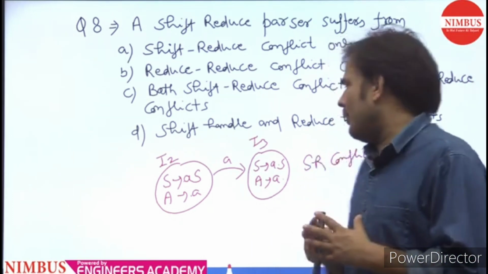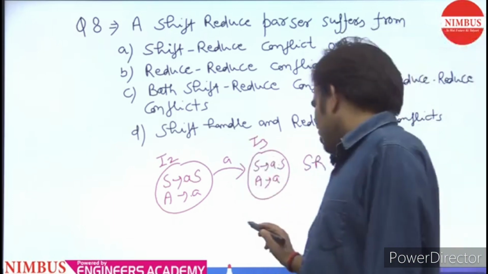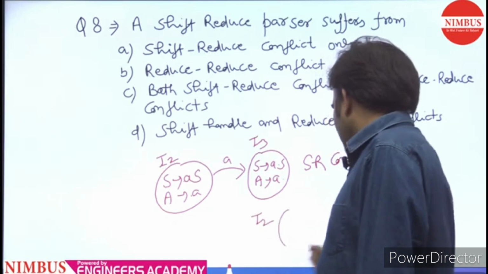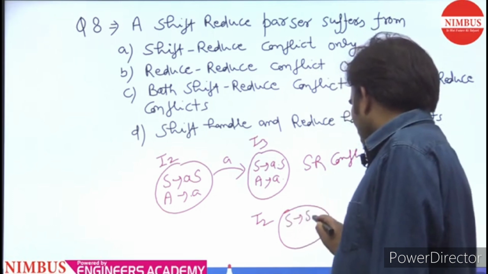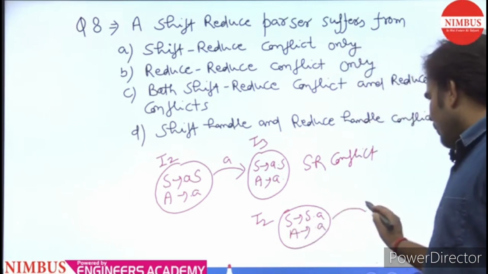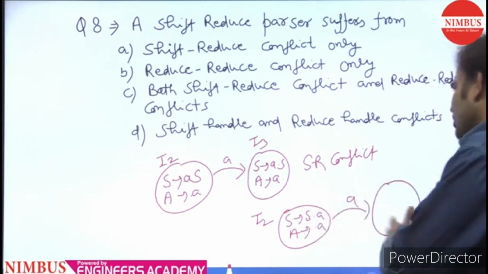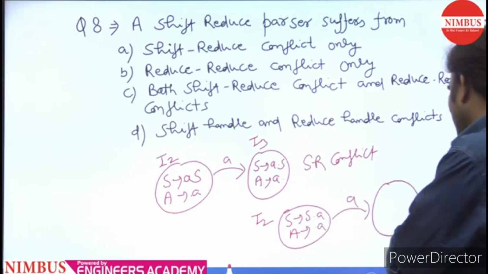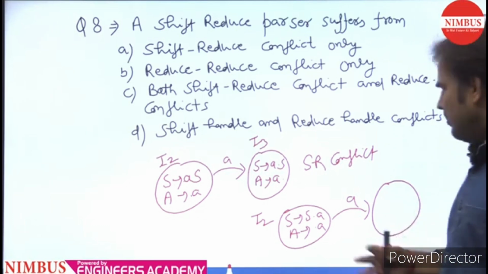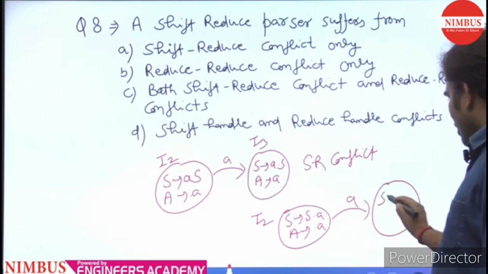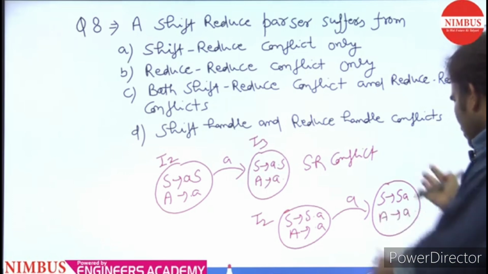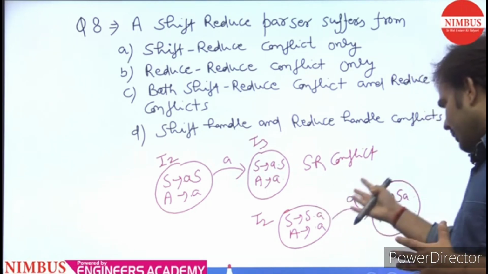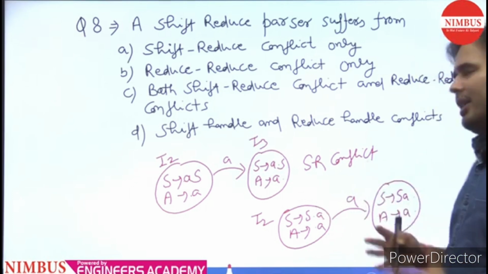And what is reduce reduce conflict? So suppose you have any state during the calculation of the canonical set of items like this, S tends to S dot A, and A tends to dot A, like this, and you are giving here A. So both the productions here are going to reduce on the next state of the canonical set of items when you are giving A. So S tends to S A dot, this is also going to reduce, and A tends to A dot, this is also going to reduce, meaning on the A operator both the productions here are going to reduce.